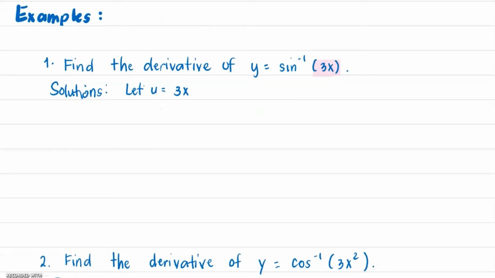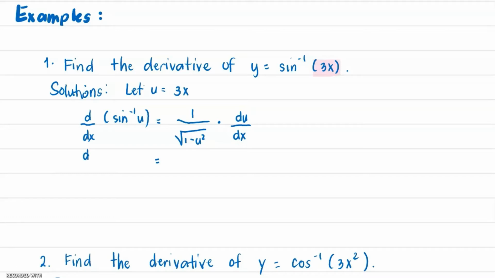So we can start with the formula. The derivative of arc sine u is equal to 1 over the square root of 1 minus u squared times the derivative of u with respect to x. Now we can substitute already our u to our formula.